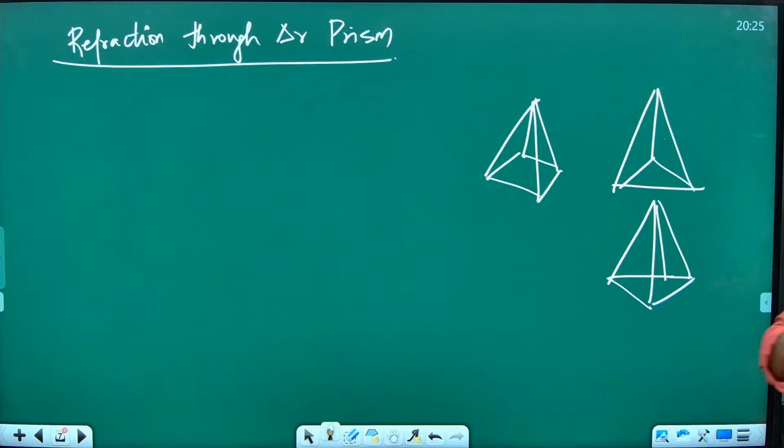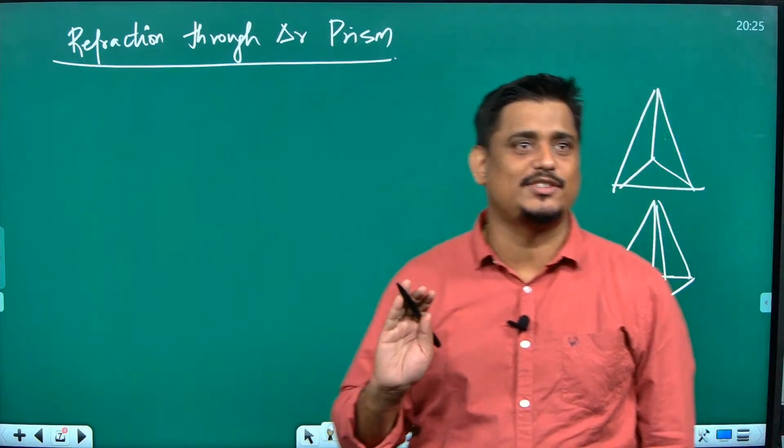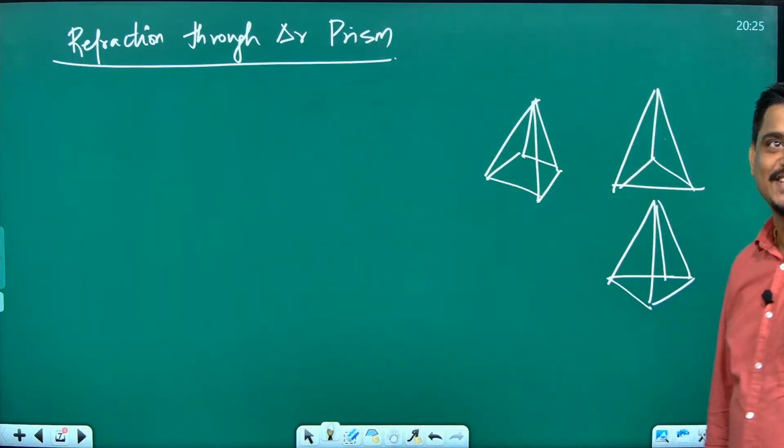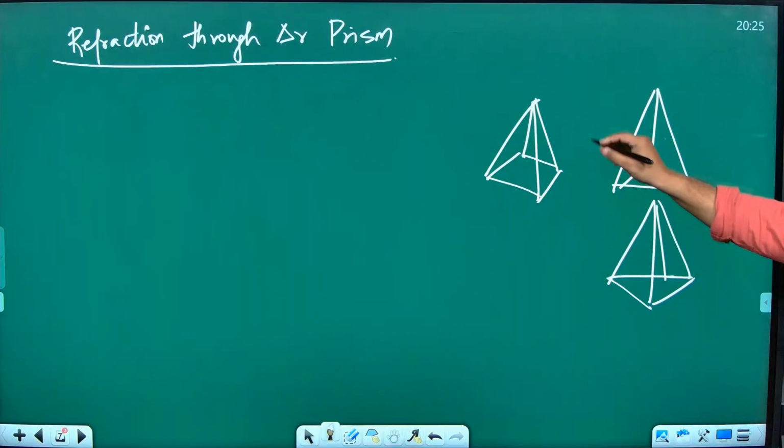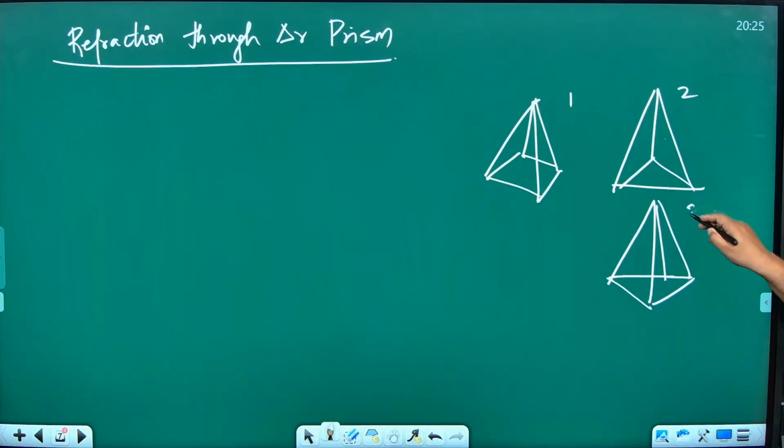Okay, let me tell you. Mr. Ivan Rufus, which is prism? 1, 2 and 3. Which is prism? One, sir. Dishita, 1, 2 or 3, which is prism? I'll go with 3, sir. You'll go with 3. Okay. Kirti, I'll come to you.